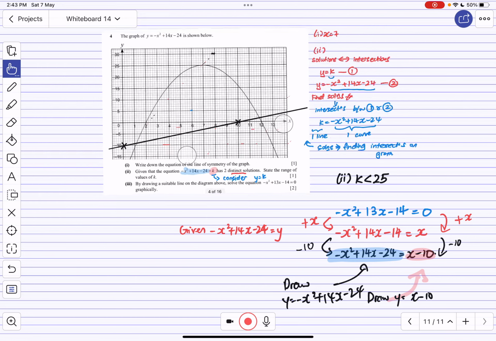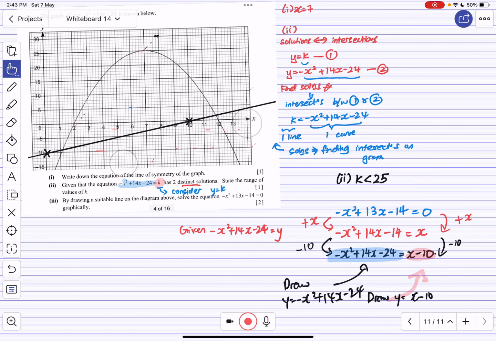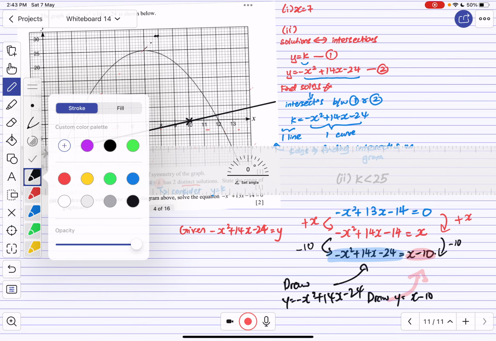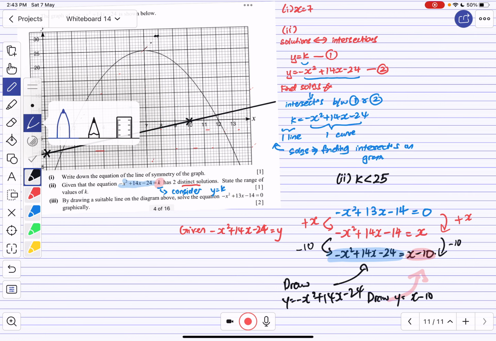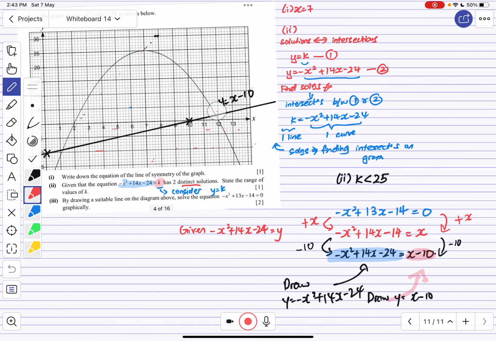You can see that this is the equation I'll draw, which is y equals to x minus 10. So the intersection between y equals to x minus 10 and negative x squared plus 14x minus 24 will also give the solutions to the equation that I have.